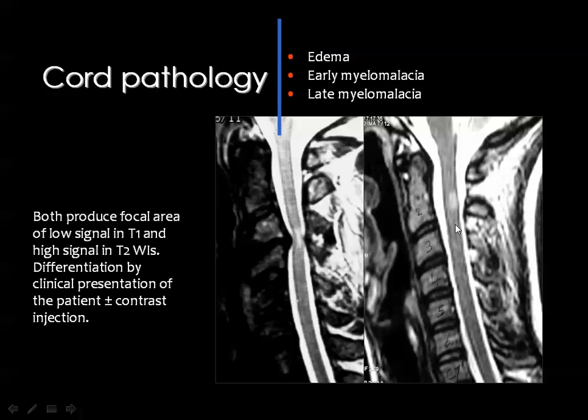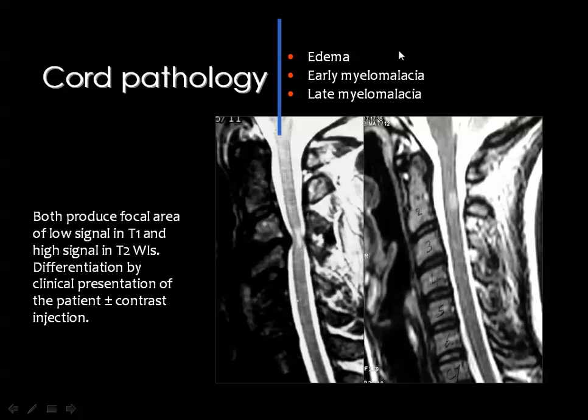We'll discuss this after that, but we are concerned now with this shadow, which is the result of disc lesion as well as ligamentum flavum hypertrophy compressing the cord, resulting in this abnormal intramedullary signal.